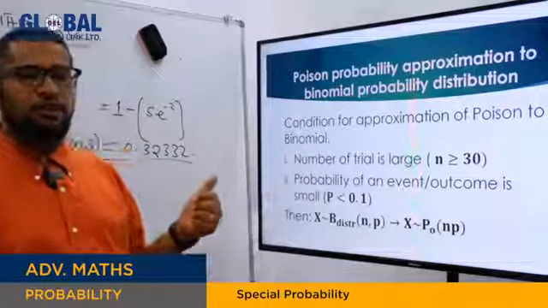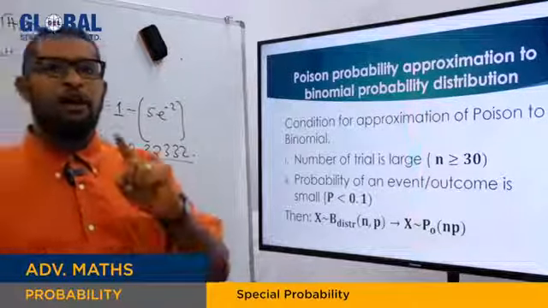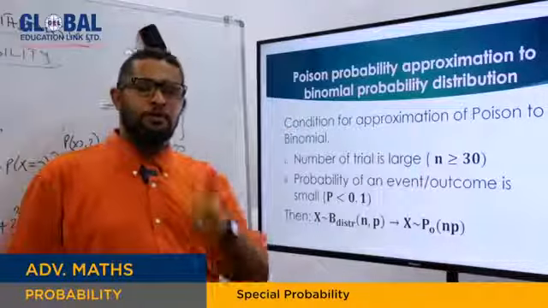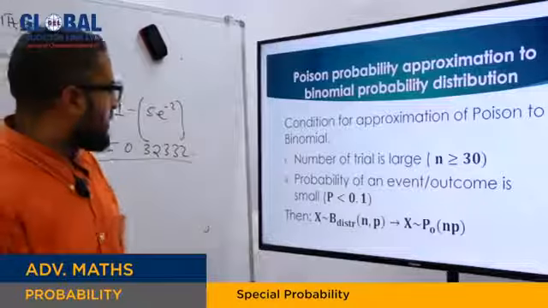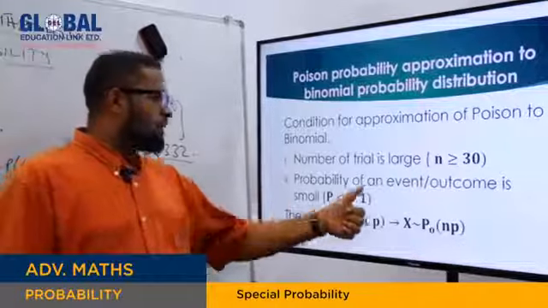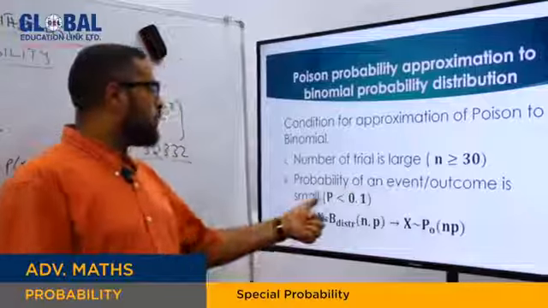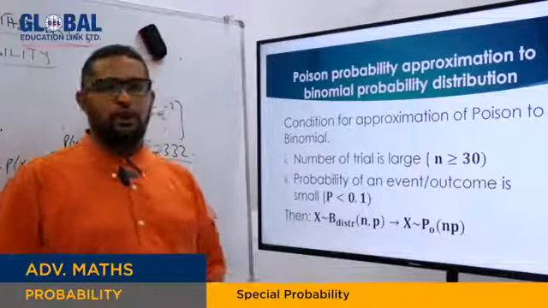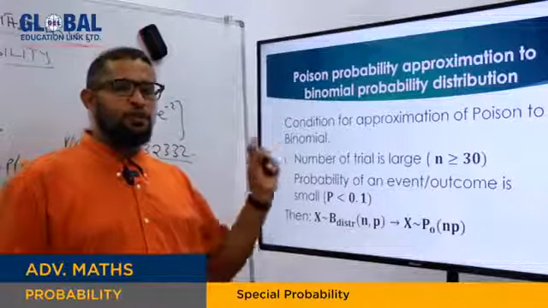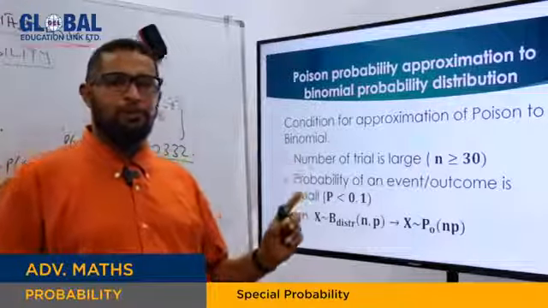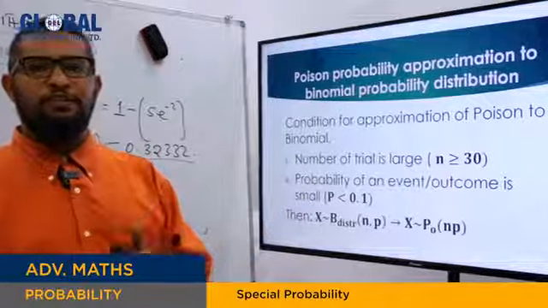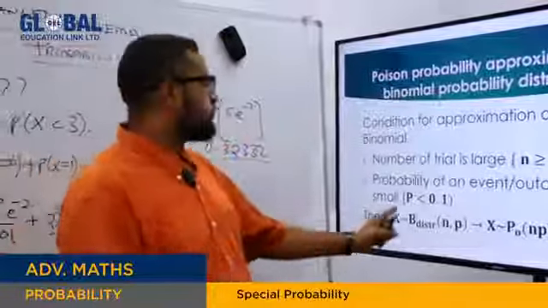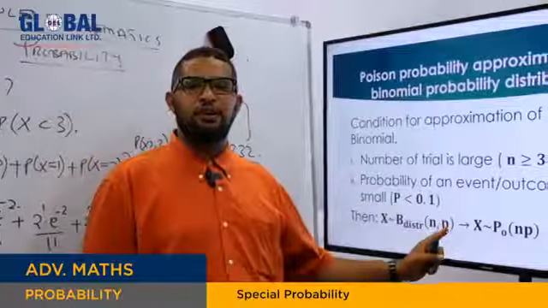In our question, the number of trials is 100, so condition number 1 is okay. Number 2, the probability of an event or outcome is small, probability of success less than 0.1. You are given 2.5%. Changing 2.5%, it will give you 0.025, and that is also less than 0.1.